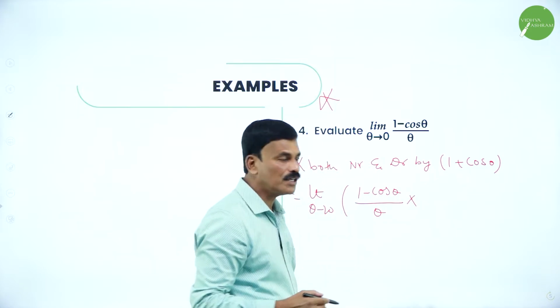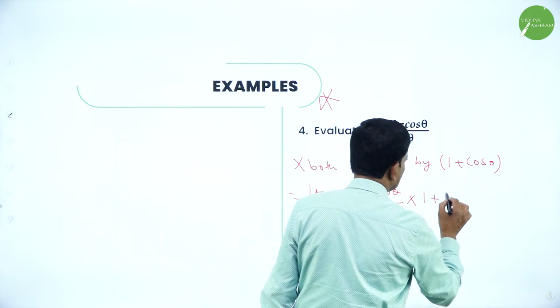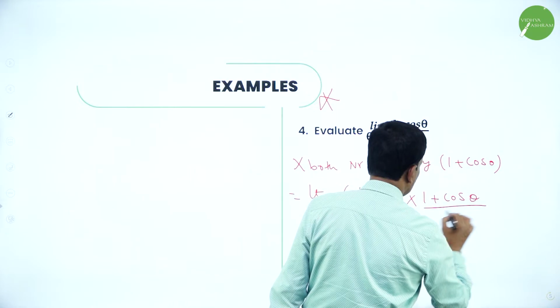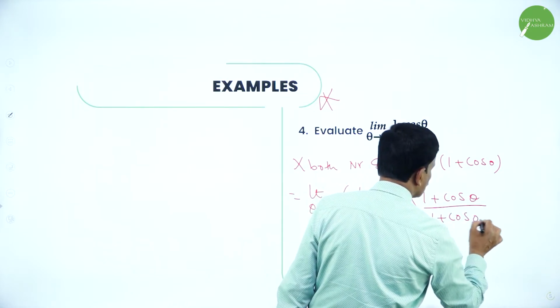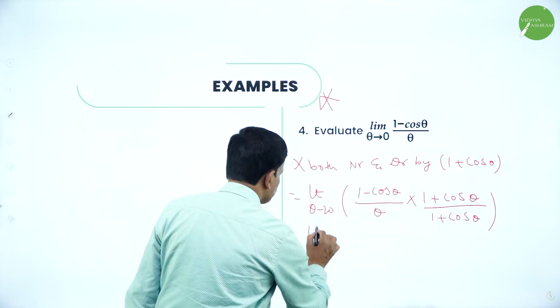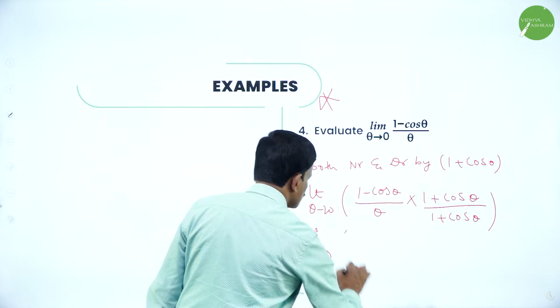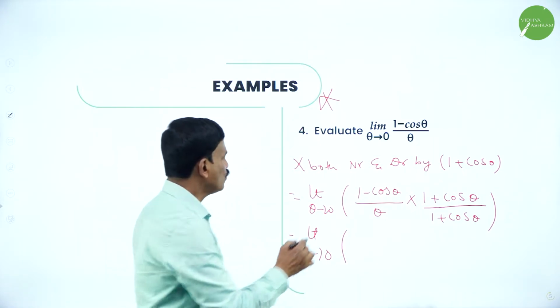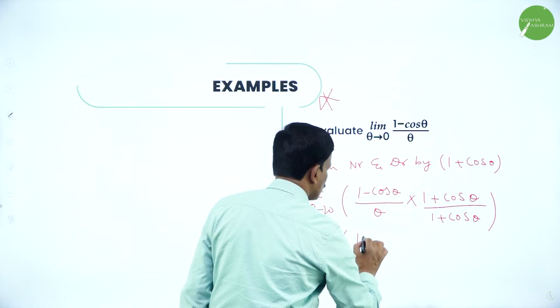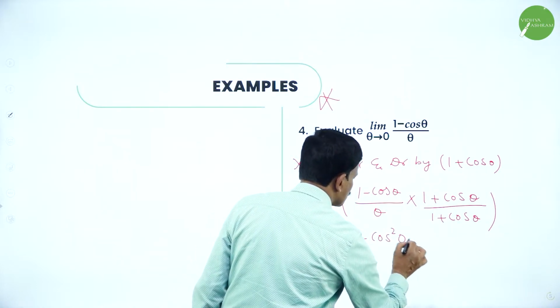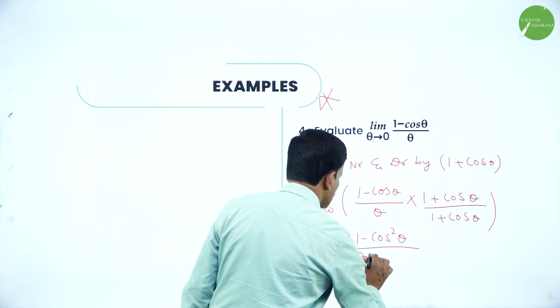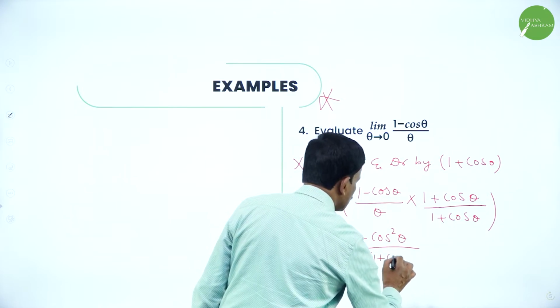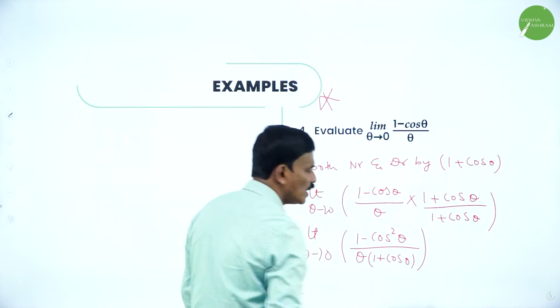Just multiply and divide by 1 plus cos theta, 1 plus cos theta divided by 1 plus cos theta. Now this can be written as limit theta tends to 0 multiplied. So 1 into 1 is 1, minus into plus minus, cos into cos is cos square theta, 1 minus cos square theta divided by denominator theta into 1 plus cos theta as it is.